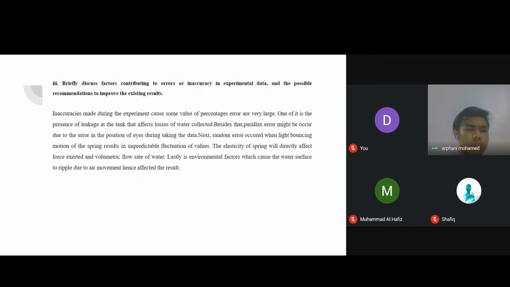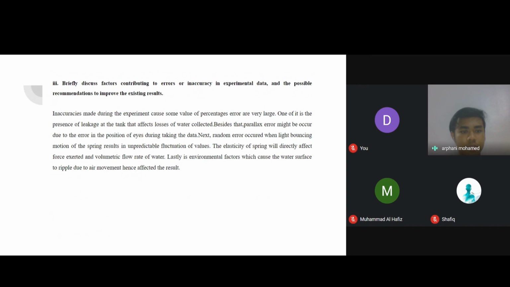Also, for question number 3, the question asks to discuss the factors contributing to the error or inaccuracy in experimental data, and possible recommendations to improve the existing result. Inaccuracies made during the experiment cause some percentage errors to be very large. One of them is leakage at the tank that affects the loss of water collected.